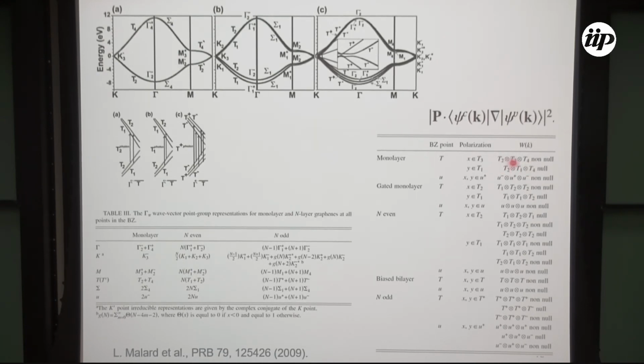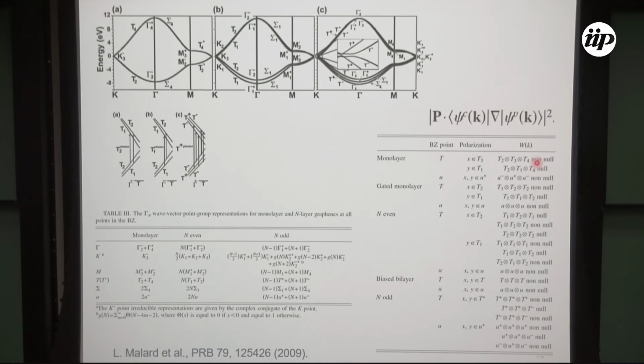If I do the direct product between these three symmetries, the result is non-null. It means that the transition is allowed. It means that the oscillator strength is not zero.